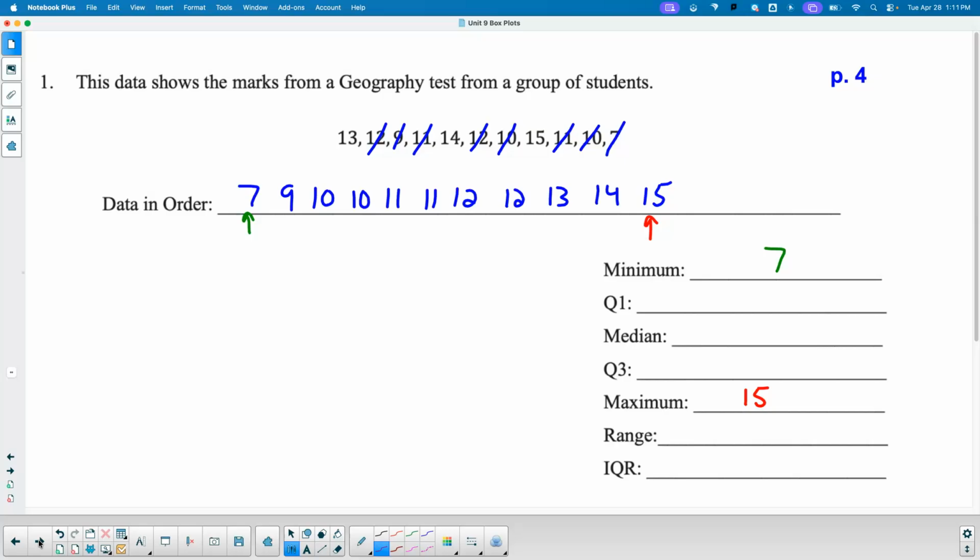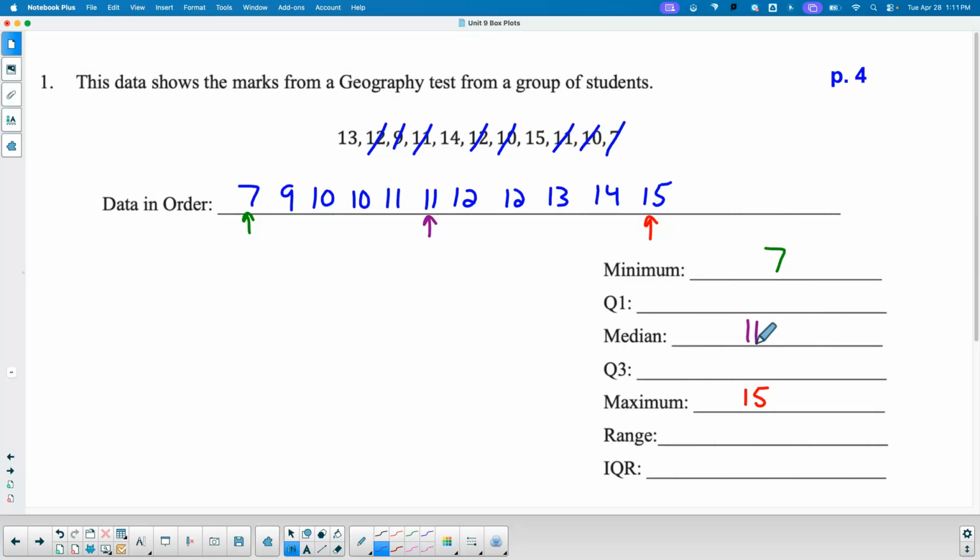I would concur with 11. So the middle one is which number? Not data number, order number. It's the sixth one, right? So I've got two sets of 5 on either side. So 1, 2, 3, 4, 5, 6. So this 11 right here is my median. Okay. With me on that?